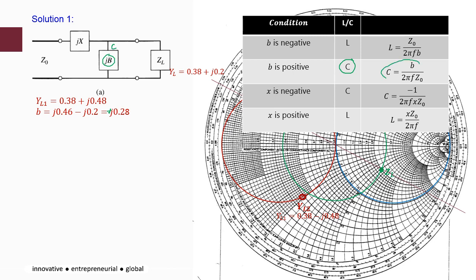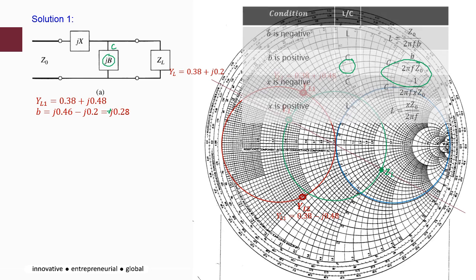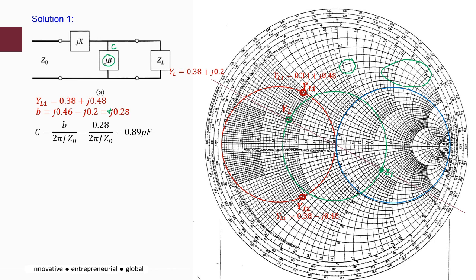You will be using this equation: with B equal to positive 0.28, Z0 is 100, and f is 500 megahertz, we get the capacitance value. In this case, the capacitance value for this position is 0.89 picofarad.